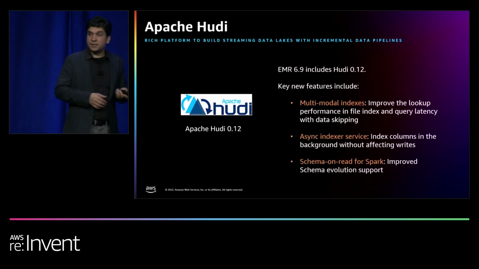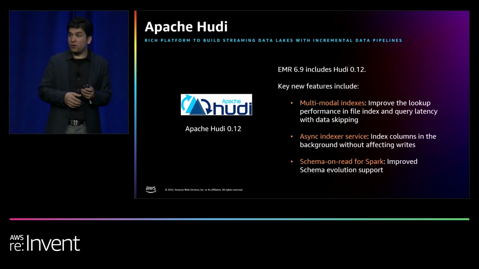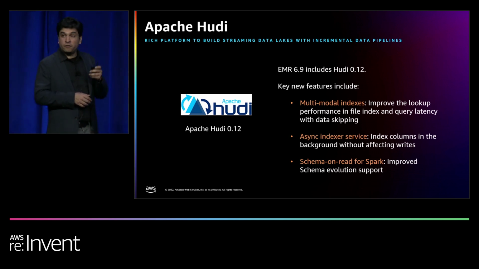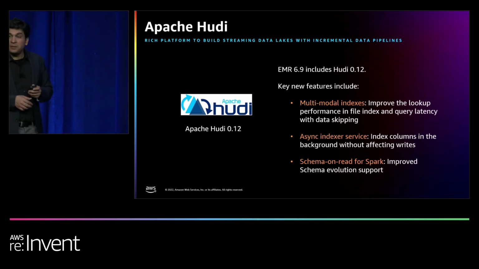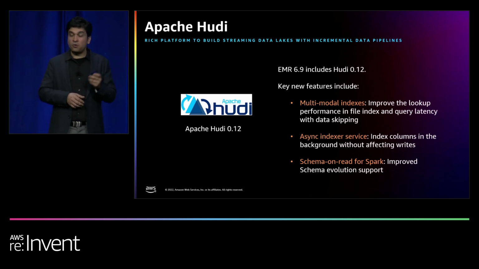So EMR has had Hoodie packaged as part of EMR releases for almost 2 years now. The latest version, EMR 6.9, includes Hoodie 0.12. Key new features which are quite differentiating is the addition of multimodal indexes, which allows Bloom filter indexes as well as column stats indexing that allows you to do faster lookups as well as better file pruning.